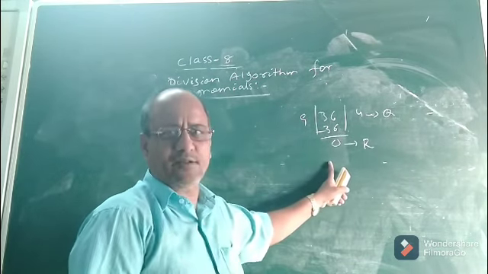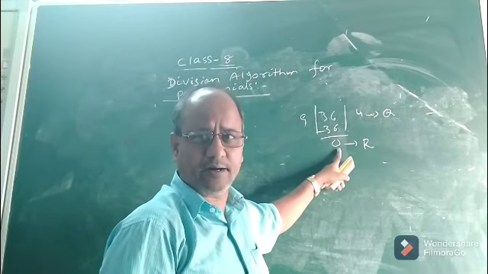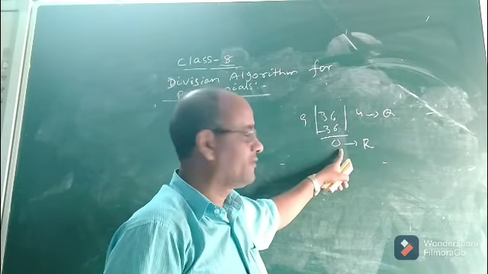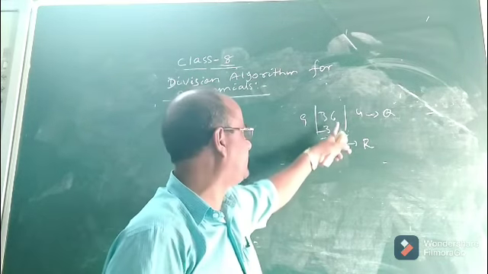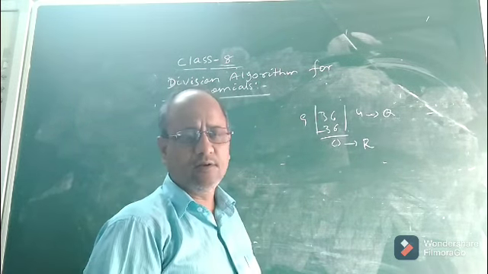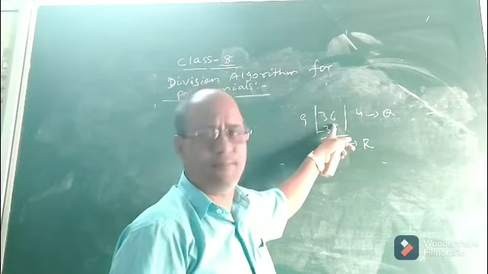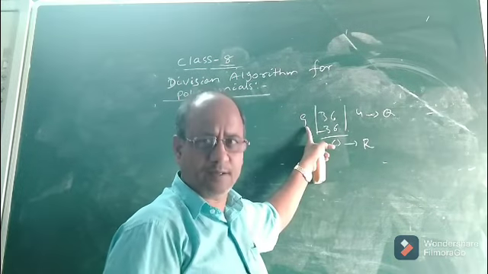Now children, if we get a 0 remainder on dividing 36 by 9, what will be our conclusion? We can conclude that 9 is a factor of 36, or we can say 36 is a multiple of 9.